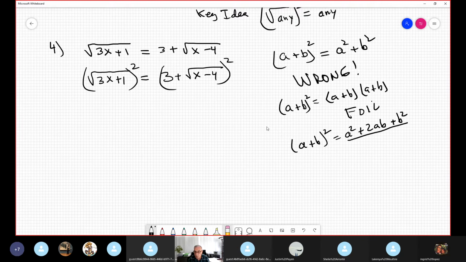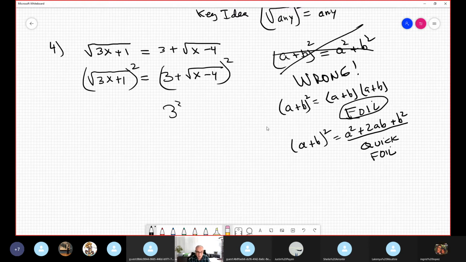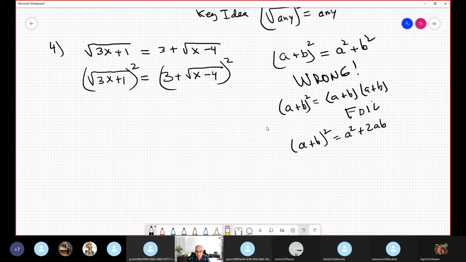So this is quick FOIL. This is the regular FOIL, which the students like, and this is completely wrong. If the student does 3 squared plus the radical of x minus 4 squared, your grade is 0. Quick FOIL or FOIL? Let me know what you prefer.